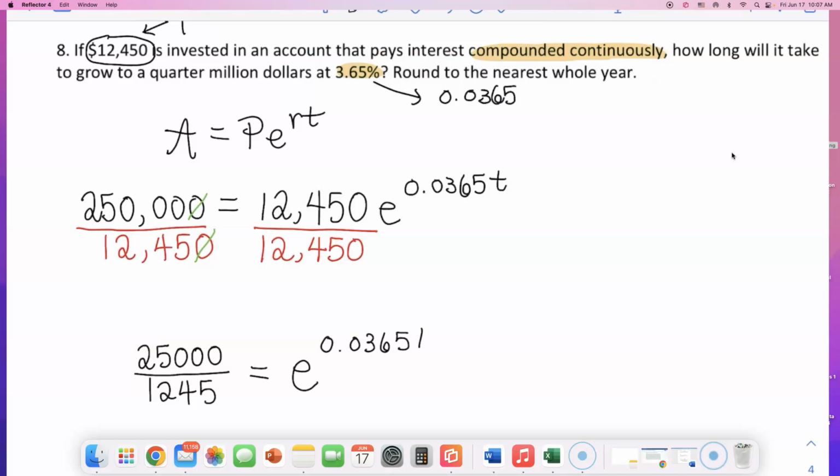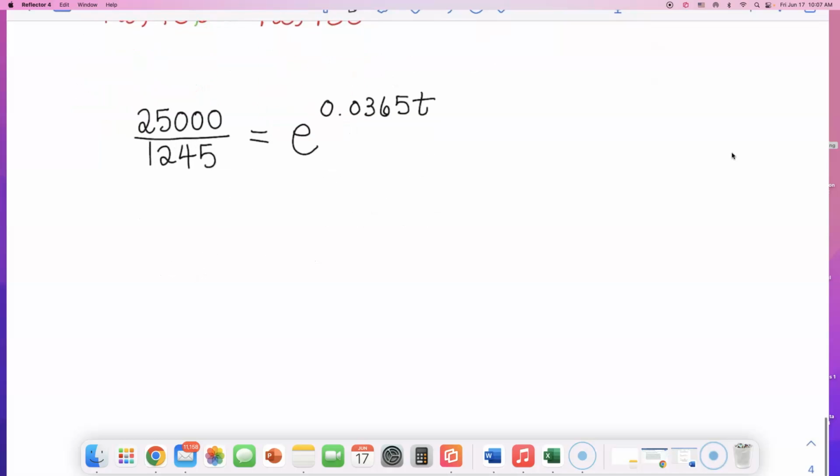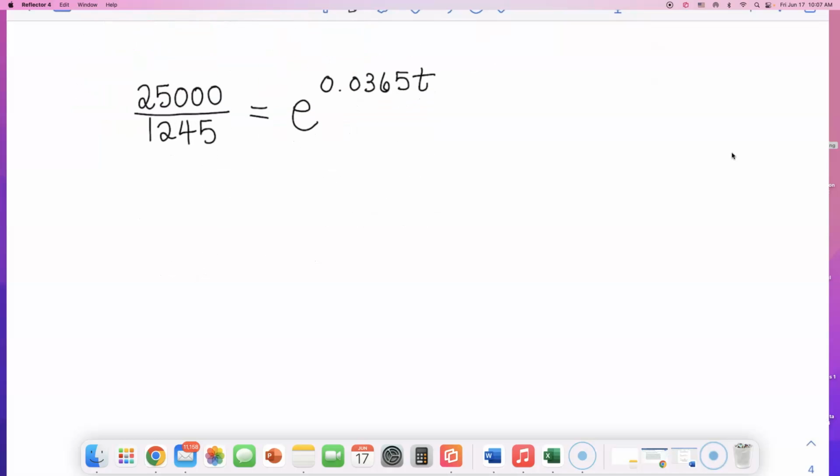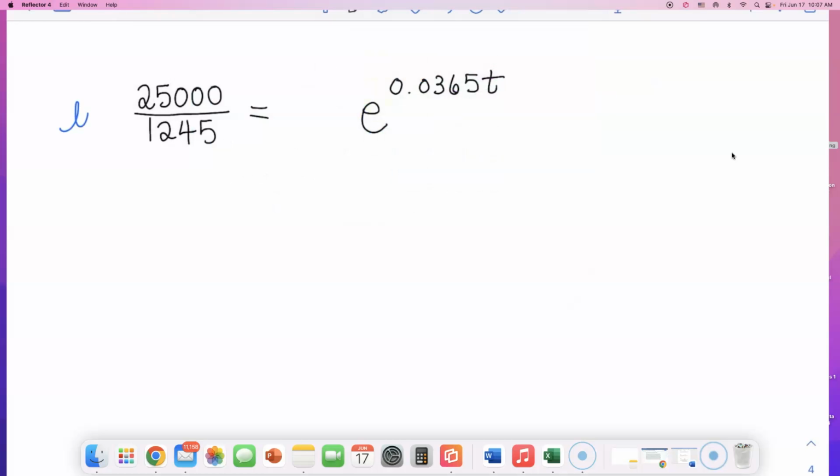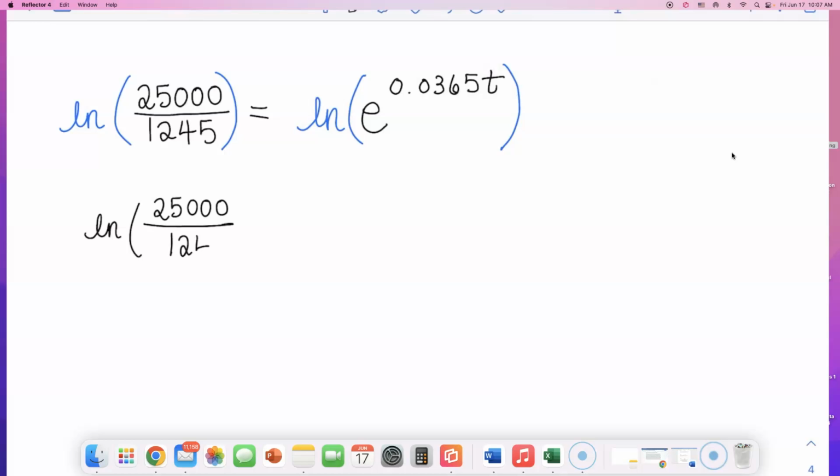And that is equal to e raised to the 0.0365t. And to bring that exponent down and also to cancel out that e, let us take the natural log of both sides, okay? So here, take the natural log of that fraction and take the natural log of the right-hand side. What will happen is we will have the natural log of that big fraction on the left side, but this exponent will come down to the front, right?